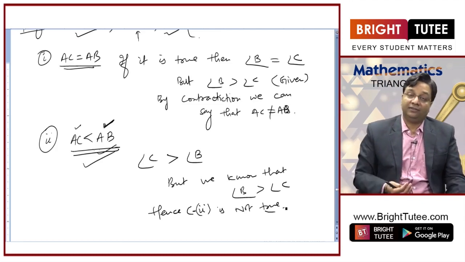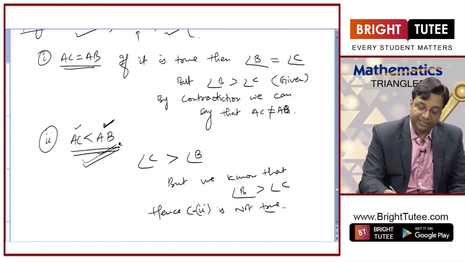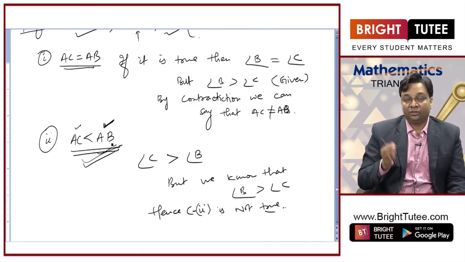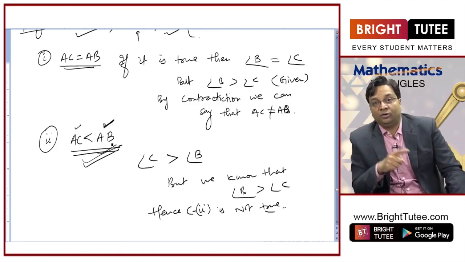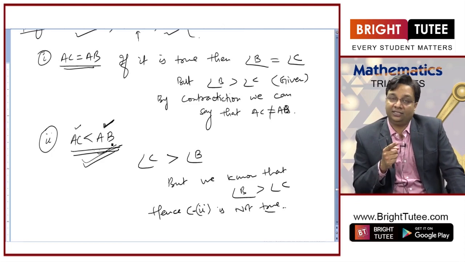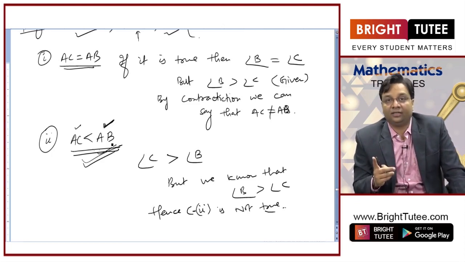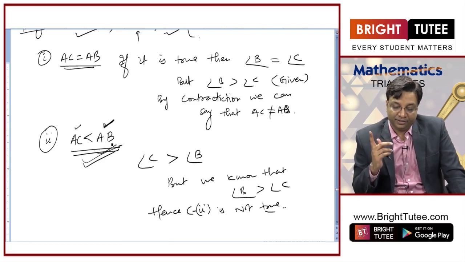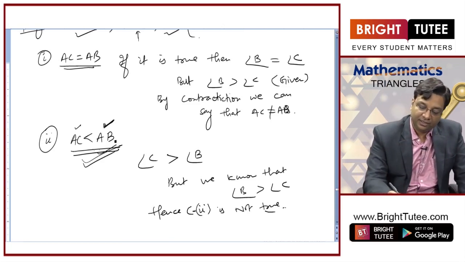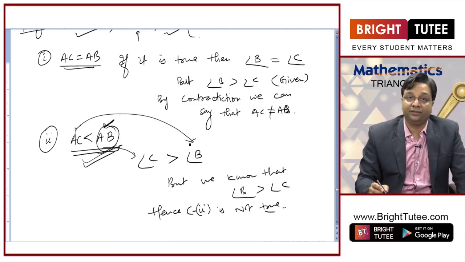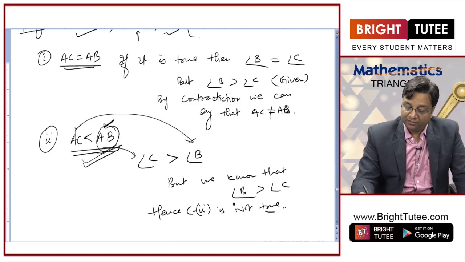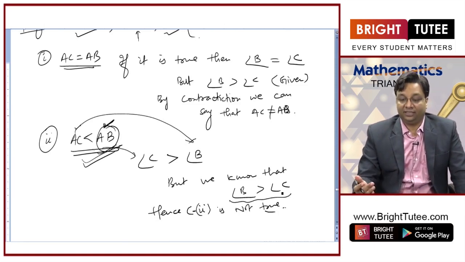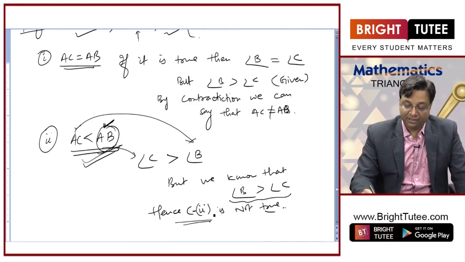Right. So what I have done here is considering this case, AB is greater than AC. So if AB is greater than AC, the angle opposite to AB, that is angle C, should be greater than the angle opposite to AC, that is angle B. But we know that angle B is greater than angle C, hence this case is also not valid.